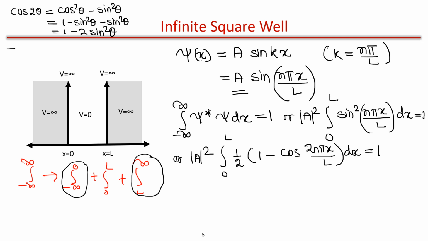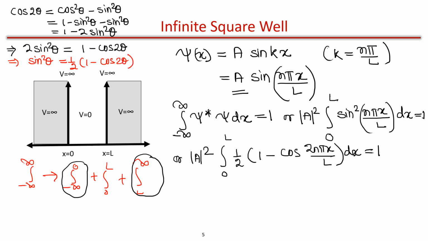So from this relation you can write that 2 sin square theta is equal to 1 minus cos 2 theta, or you can write sin square theta is equal to 1 by 2 (1 minus cos 2 theta).